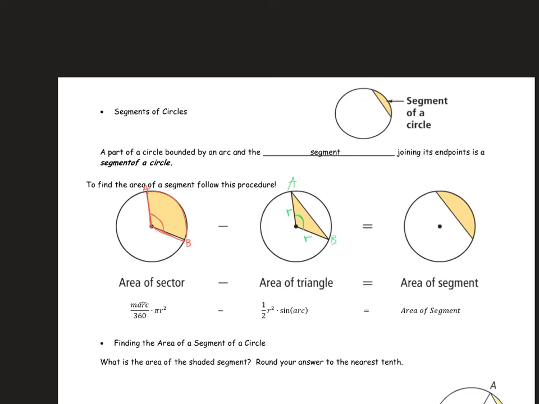We use that area formula, but instead of two different side lengths, it's r times r, which is r squared. So the area of a triangle inside a circle is 1/2 times r squared times the sine of arc AB. So we do the area of the sector minus the area of the triangle.